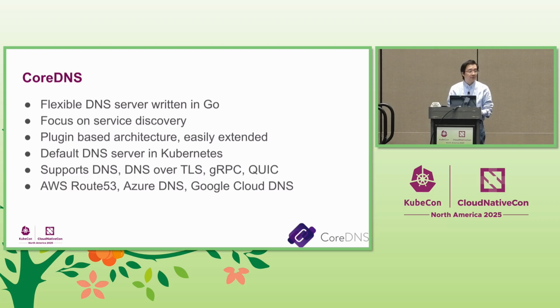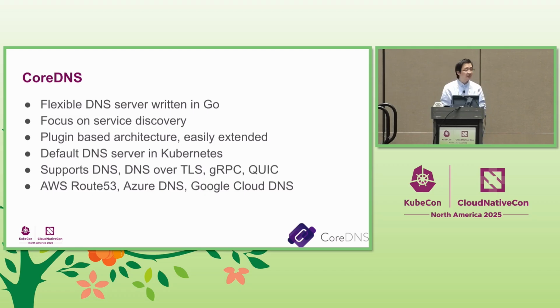We also added a lot of features. One of the significant features is Kubernetes integration. Since then, it has been adopted as the default DNS server for Kubernetes. That triggered the explosive growth of adoption because of the growth of Kubernetes itself.